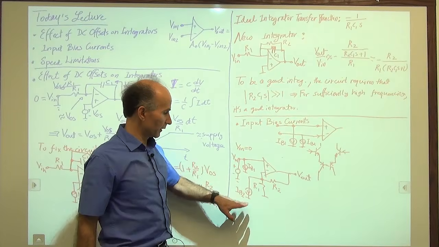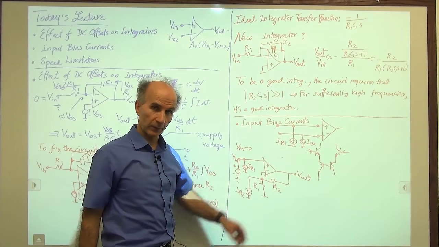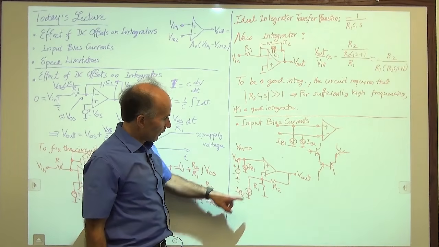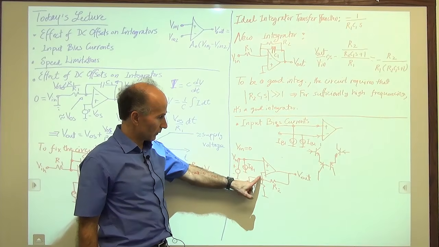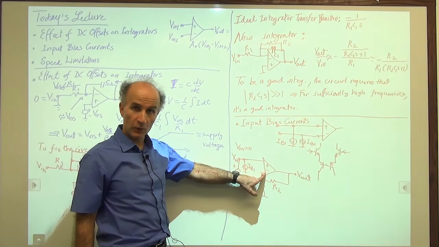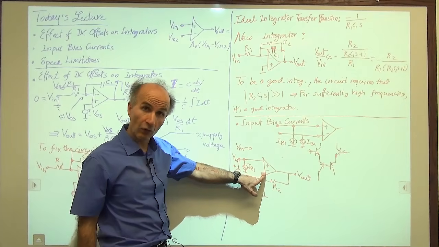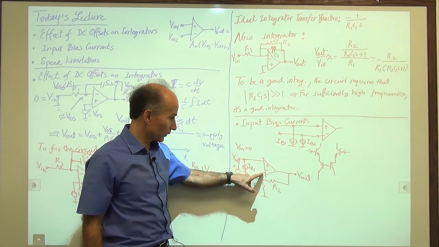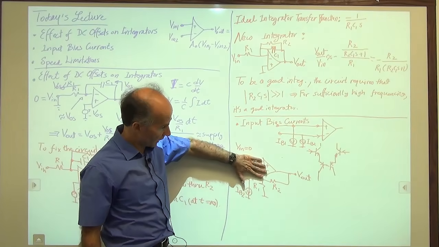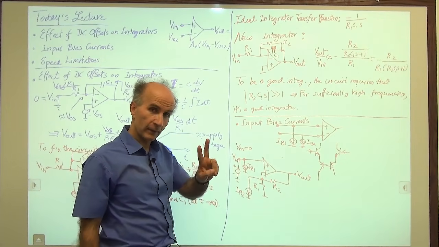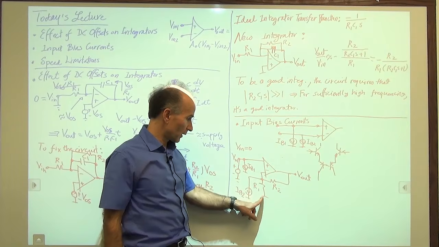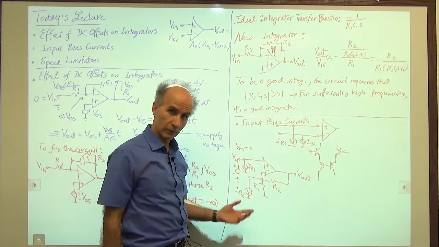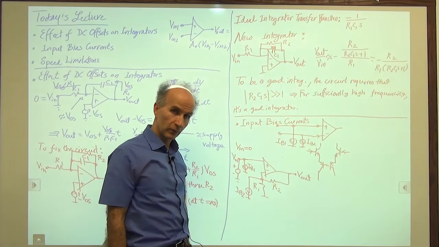And now we're looking for the effect of IB2 at the output. Okay, well, there are 3 wires connected to this node. One is the input of the op-amp, which presumably doesn't draw any more current because we already included that current source here. So there's no more current here. Okay, so nothing there. So there are only 2 possibilities. Some current through R1, some current through R2 to add up to give us IB2.